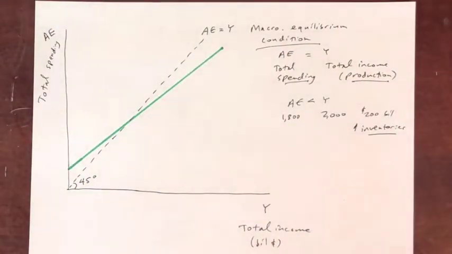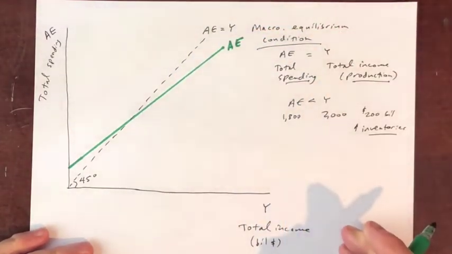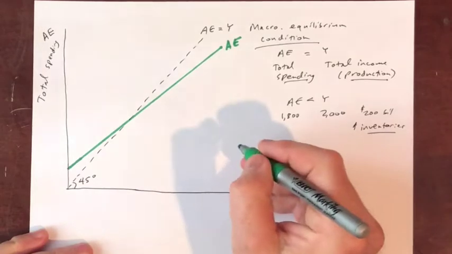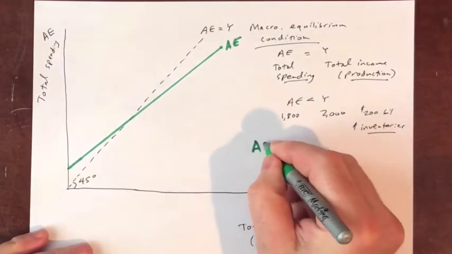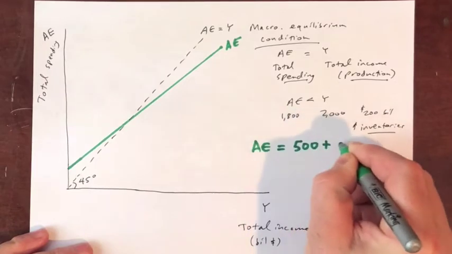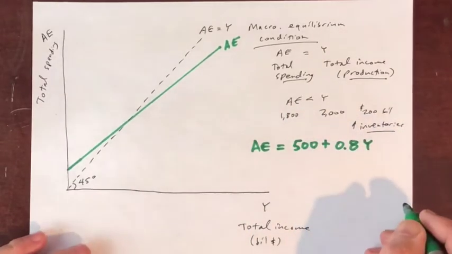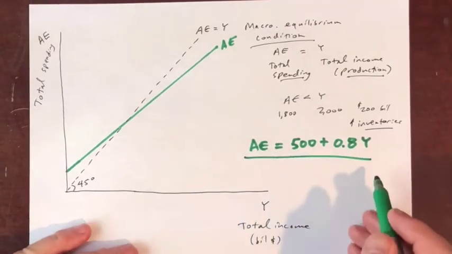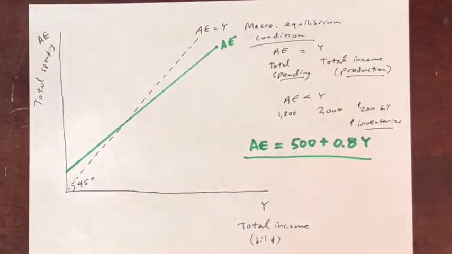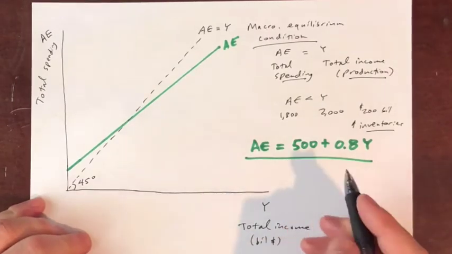Okay, so here we have our aggregate expenditure function, AE. All right, and here's what we know. We know that AE is equal to 500 plus 0.8 times Y. All right, that's our aggregate expenditure function. Okay, so we've got two things when we're graphing this.